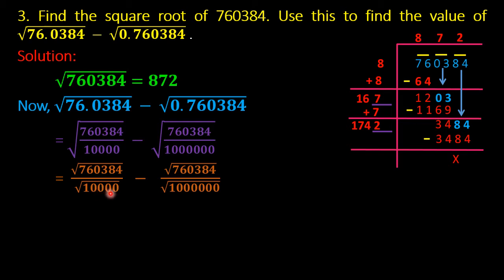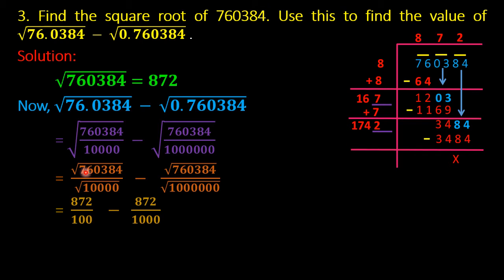Altogether there are 4 zeros, so we remove half of the zeros, that is 2 zeros, then it will be 1 and 2 zeros, which is 100. So the square root of 10,000 is 100, and similarly here there are 6 zeros, so we remove half of the zeros, 3 zeros, and the remaining will be 1 and 3 zeros, and it will be 1000.